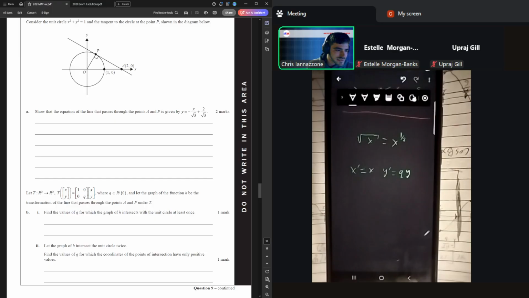This is one you don't necessarily algebraically fully solve. You kind of have to use similar methods to what you would do in a tech active, which is you just imagine if I toggle Q through a slider, what's going to happen to the graph of the line. To be able to do that, one thing you'd probably want to do is figure out what the equation of my new line is under this transformation.